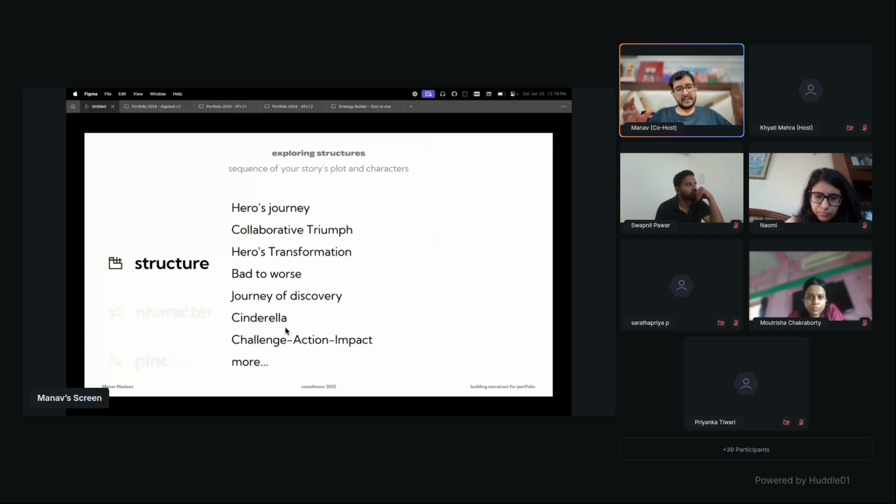After, as I said, plot and characters, now build something called a structure, right? So structure क्या होता है? Now structure is the sequence in which these plots and characters interact with each other, right? So I'll give you an example. I'm assuming that a lot of you have watched Friends, Big Bang Theory, all these TV series, right?